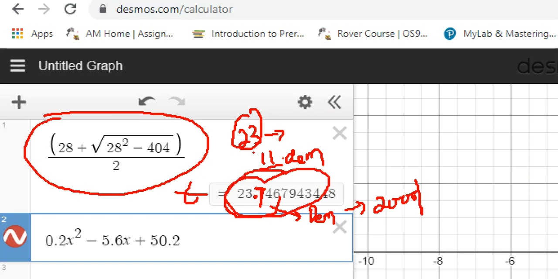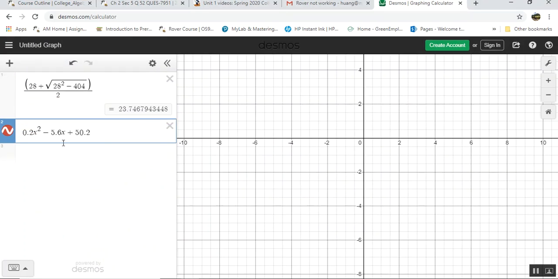Okay, so is this correct? I would recommend you first type in the equation of the price, right? You don't want to type in t because Desmos doesn't recognize t as a variable. It recognizes x as a variable. That's why I replace the t with x. So now let's take a look at the graph.